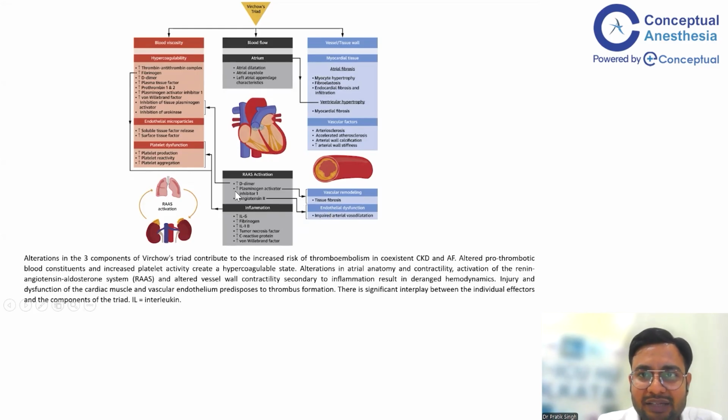That is why, whenever there is stasis or endothelial damage or any risk factor which can lead to this, we need to address all of these factors together. Otherwise, it is going to affect our vital organs, be it heart, blood vessels, lungs or kidney.